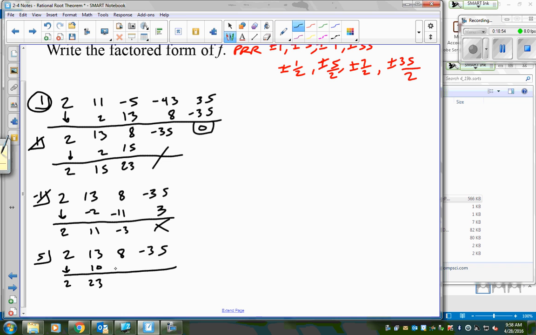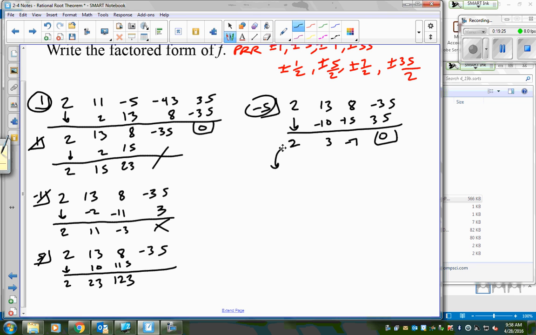3, 5 times 23, 15. I don't think so. Let's try negative 5. 4, 2, 13, 8, 5. 3, negative 15, so we add, negative 7, and there we go.